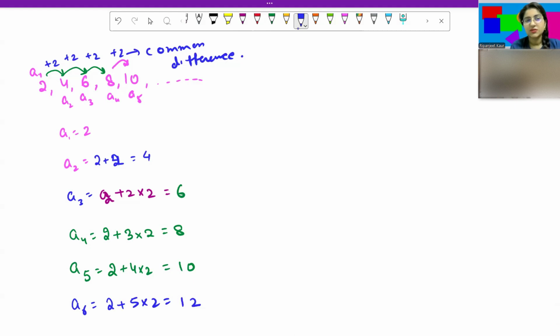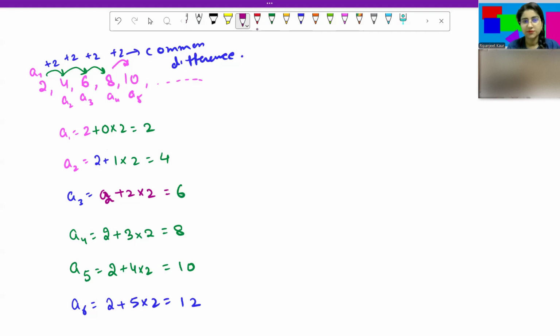Can we say this is 1 times 2? And can we say this is 0 times 2? Yes. So that means every term in the sequence is actually following this rule, right?